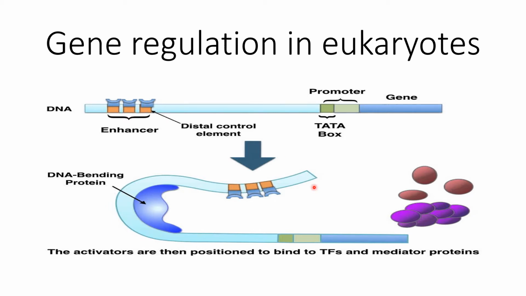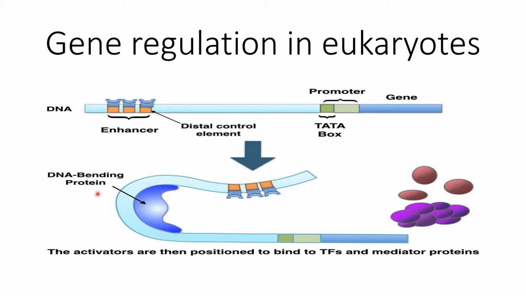For the activation of transcription, there must be interaction between the transcription factors bound on the proximal promoter region as well as the distal promoter region, and the activators, through mediators. This interaction is achieved by the bending of the DNA.